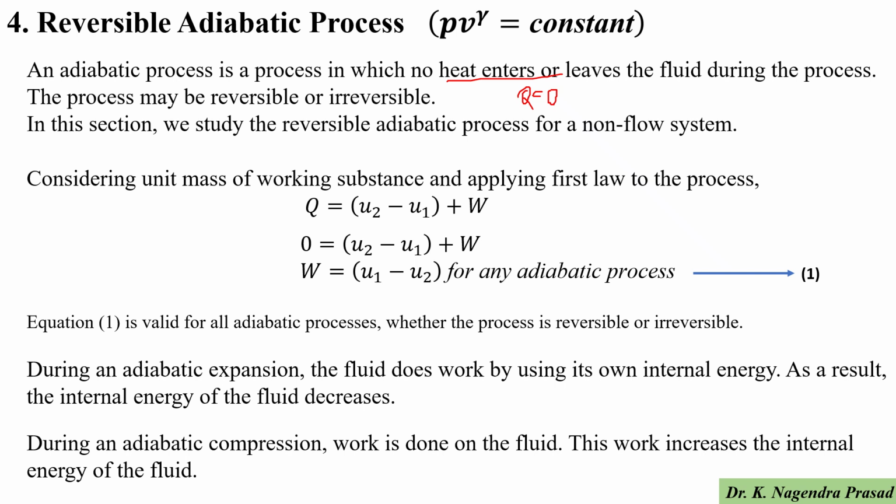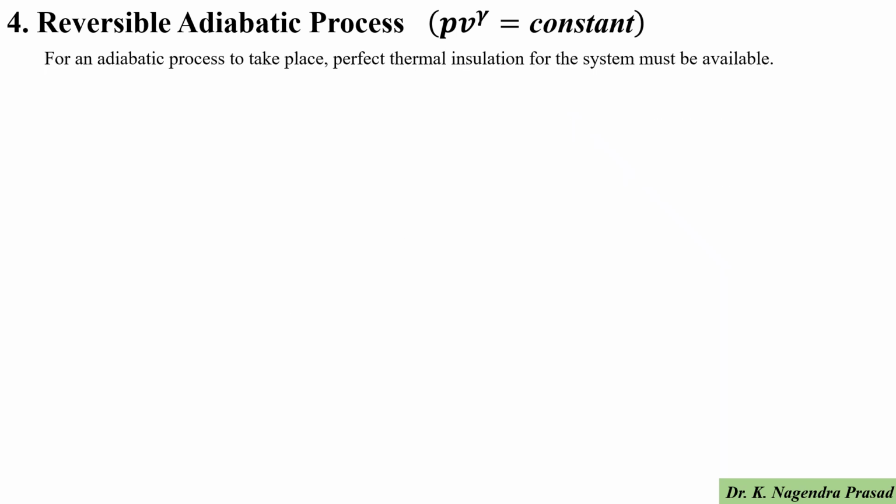This work increases the internal energy of the fluid. For an adiabatic process to take place, perfect thermal insulation for the system must be available. So let's see how the relation PV^γ equal to a constant is derived.